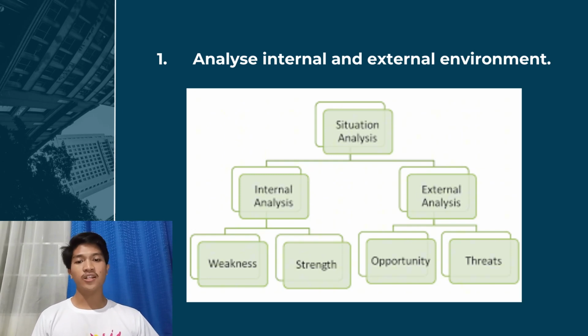In external analysis, there are opportunities and threats. Opportunities and threats reveal market trends, competition, and external factors that the organization must adapt to or leverage. This balanced view supports informed decision-making and strategic planning.